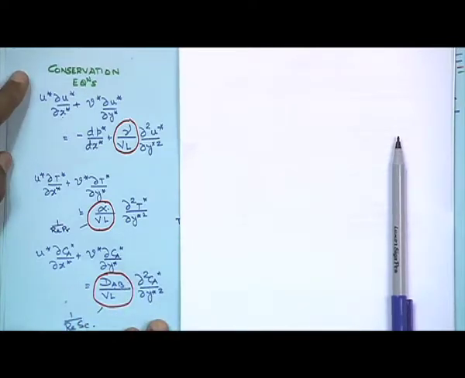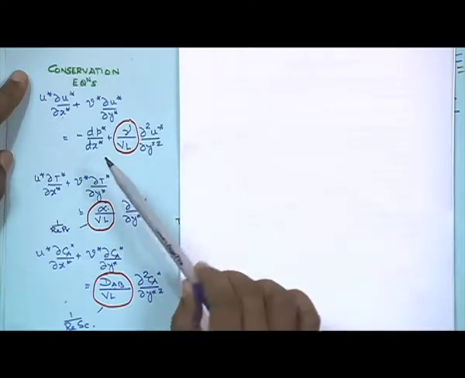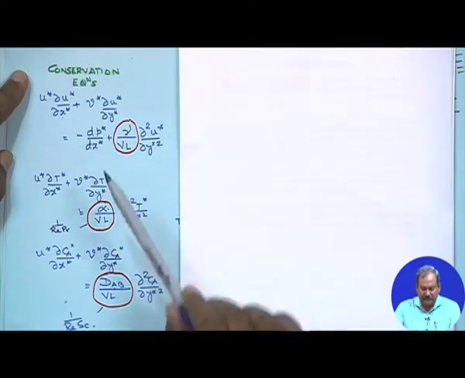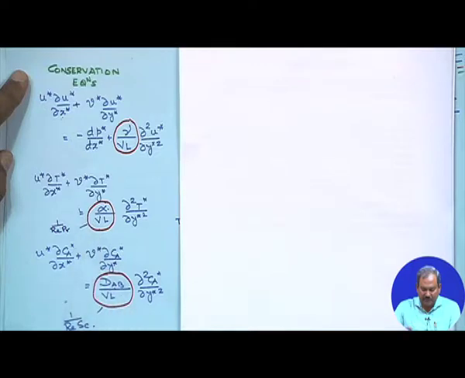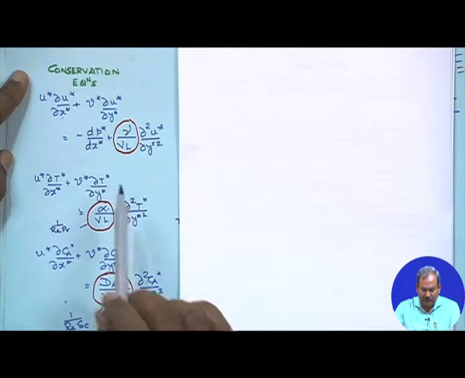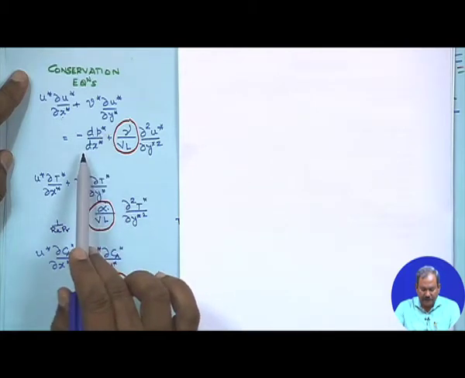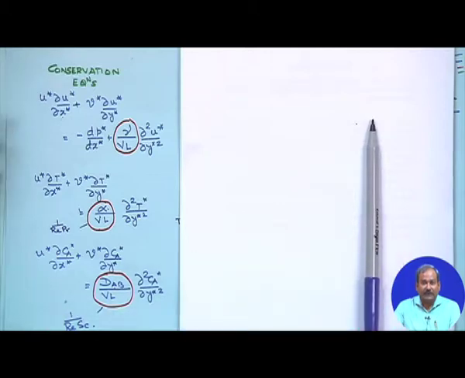And I can say that these three equations are equivalent only when dp dx is 0, because you do not have any dp dx in these two equations. So, dp dx has to be 0, and dp dx being 0 signifies that the flow is taking place over a flat plate.